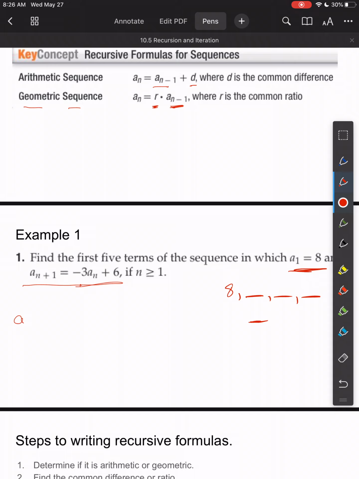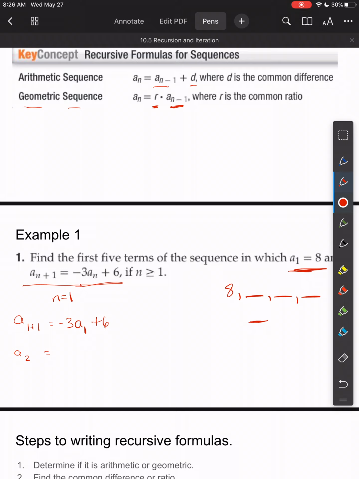I get a sub 1 plus 1, which is a2, the second term. The second term will be equal to negative 3 times a sub n, where I plug in a 1 for n, so this would be a1 plus 6.